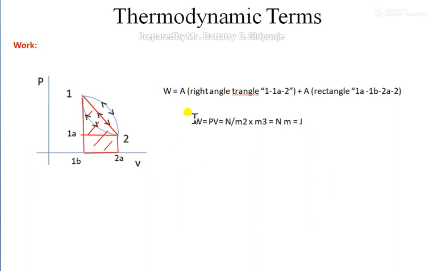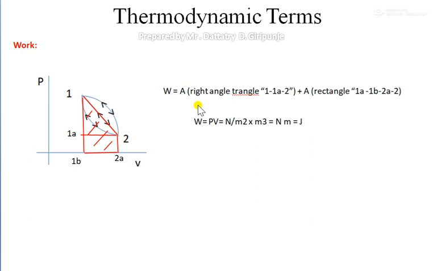Okay, so in that way, as I change the path between state 1 to 2 in order to transform the system, the shaded area below that line will increase or decrease with respect to the path followed by the system.